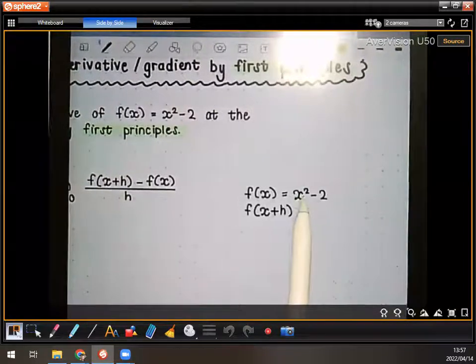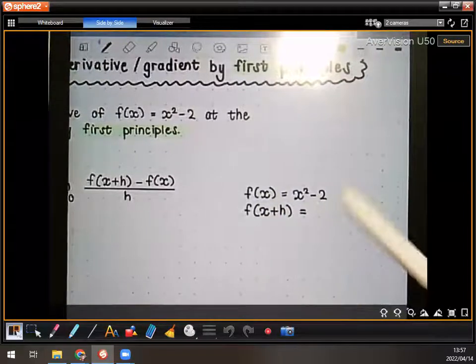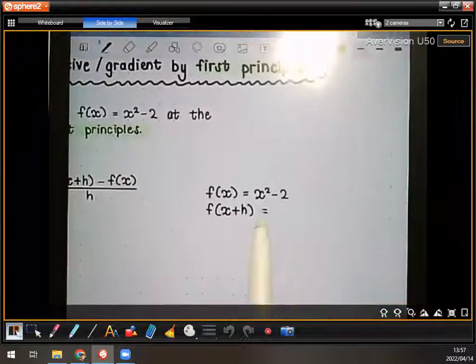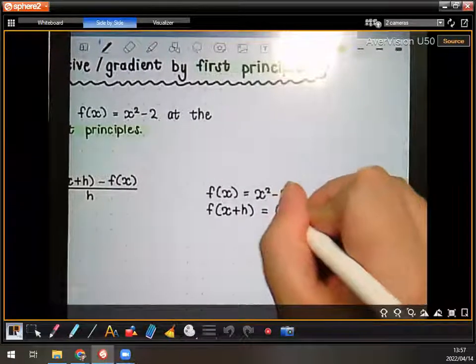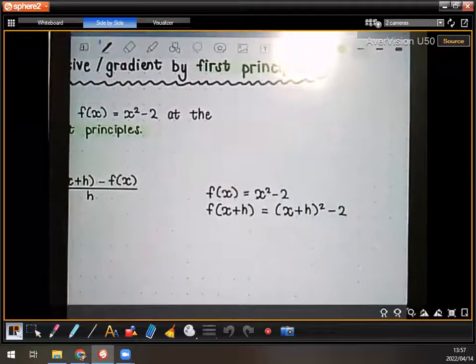Instead of x, I'm going to put x plus h, so where I have x squared, I'm going to say x plus h squared minus 2.